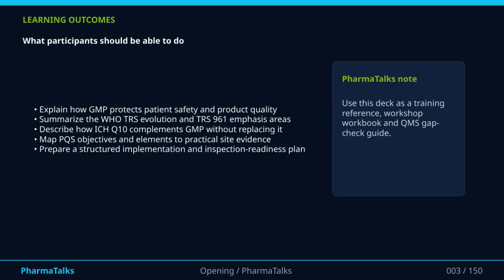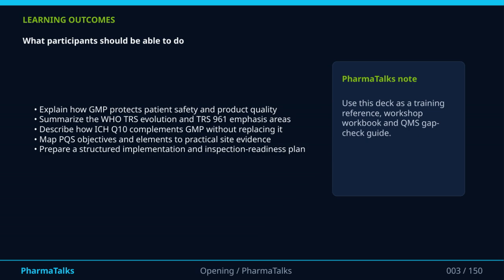We'll also cover how the ICH-Q10 guideline complements GMP practices without replacing them, which is essential for integrating quality management systems effectively. Additionally, you'll learn to map the pharmaceutical quality system's objectives and elements directly to practical, site-level evidence. This makes the concepts tangible and applicable in real-world operations.